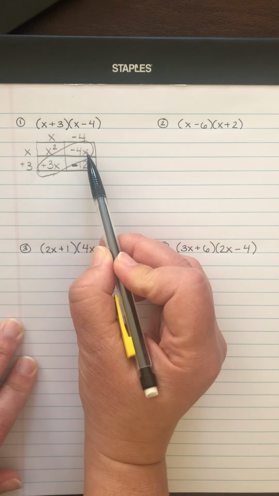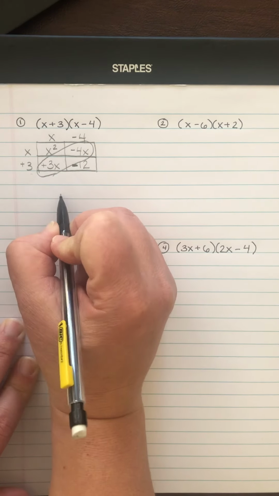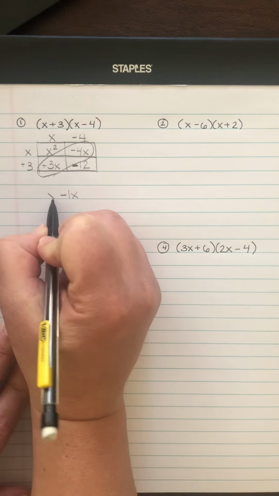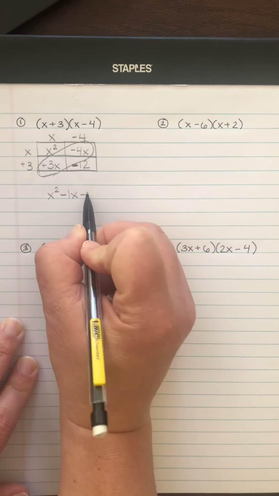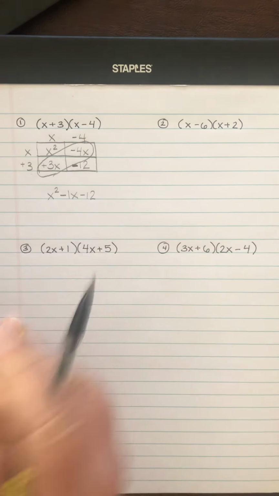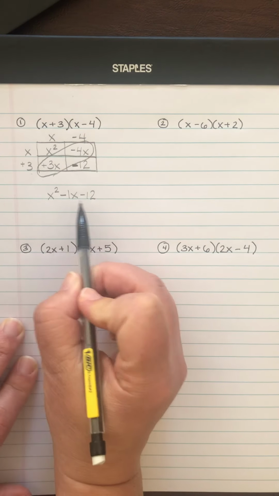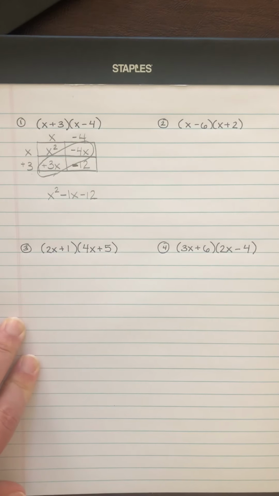So a negative 4x plus a 3x is a negative 1x. So I'm going to put a negative 1x here. The x squared comes down because there's no other x squareds, and the minus 12 also comes down. And that's your answer. Okay, most of the time when you're doing these, you're going to have 3 terms. So check your work as well. Not always, but most of the time.